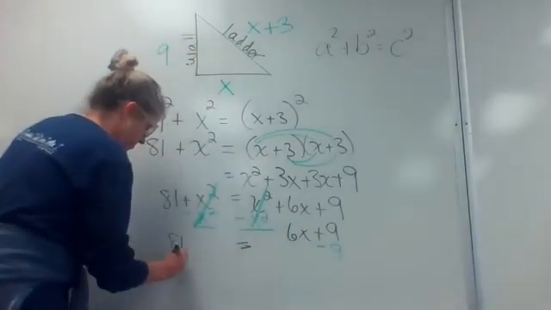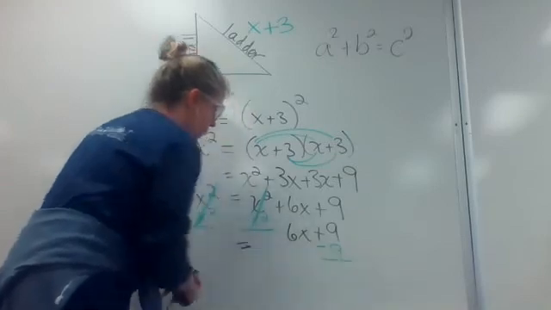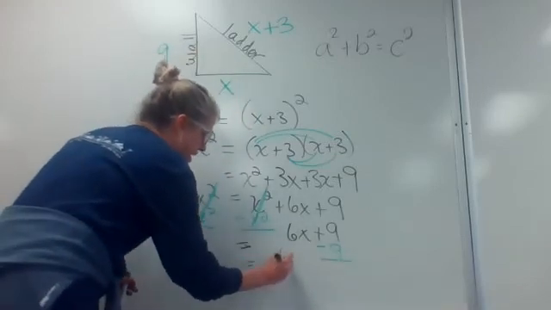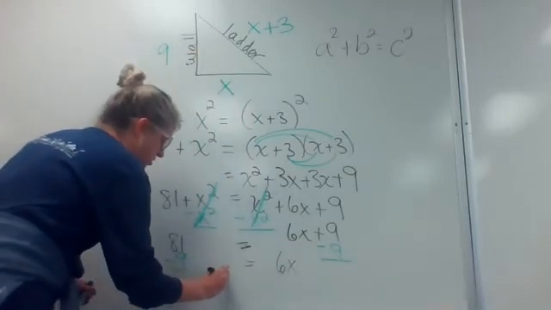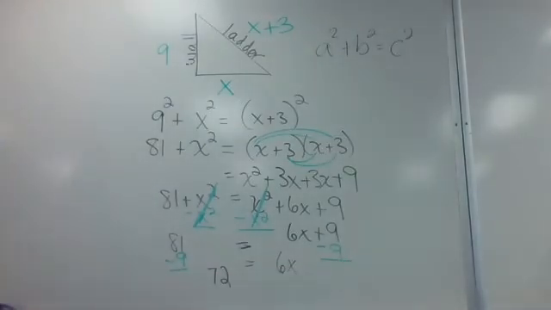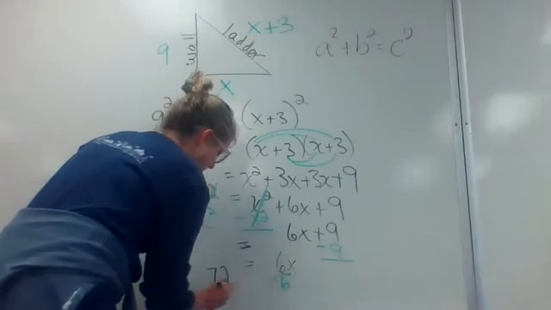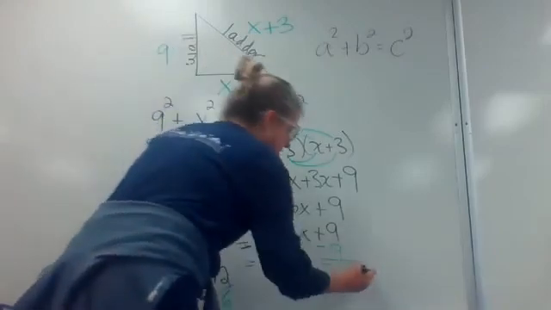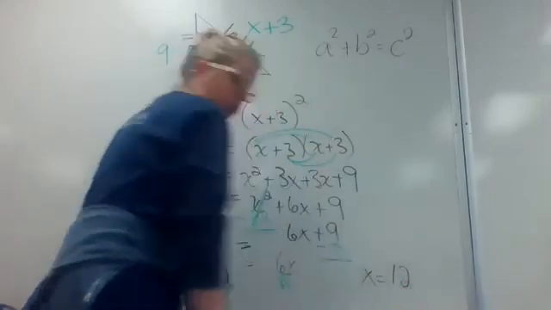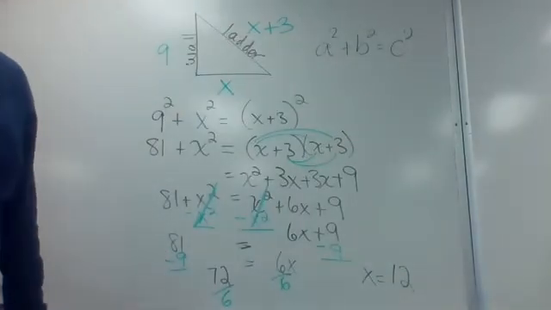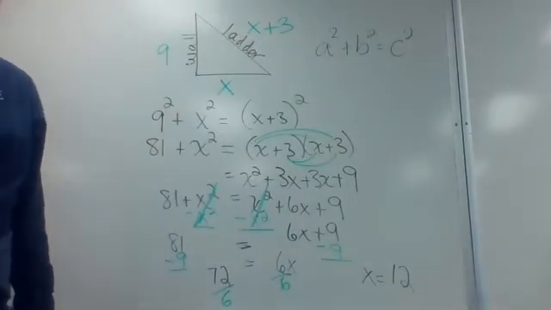So subtract 9. So now I have 6X equals 72. Divide by 6. So X equals 12, which is going to be one of your options.